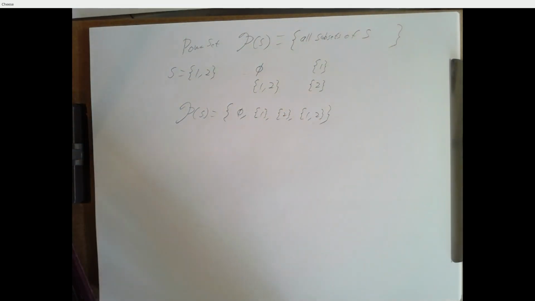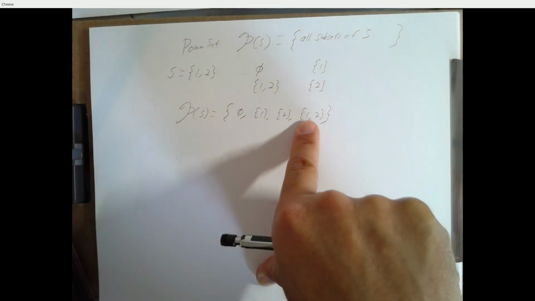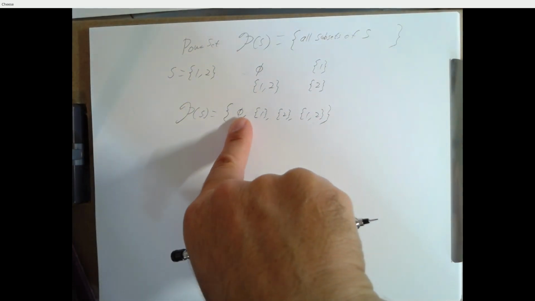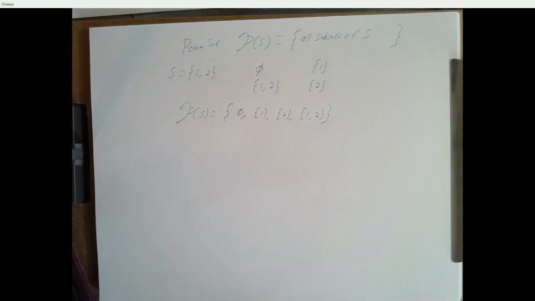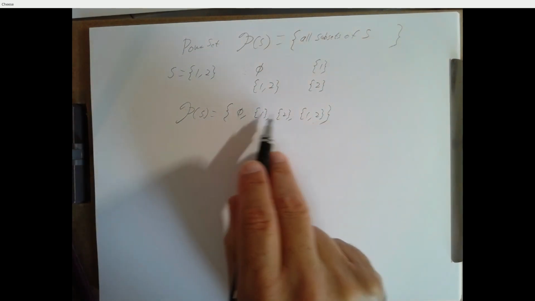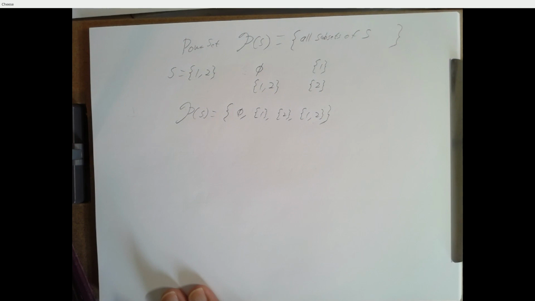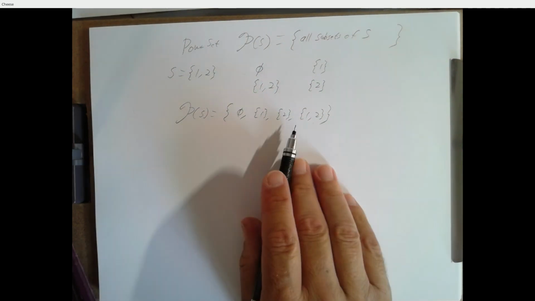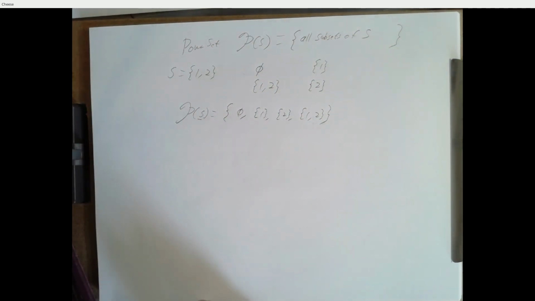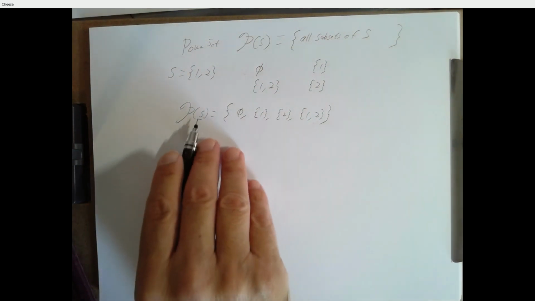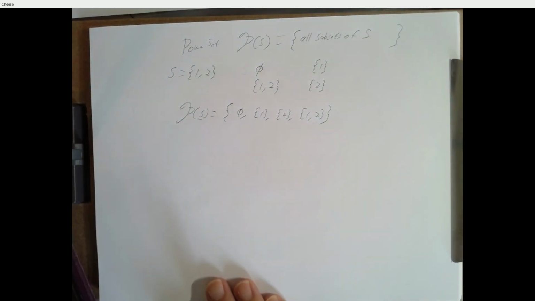Each of those things happens to be a set, and this set happens to contain two things, and this is the weird set that contains nothing. But that doesn't really matter. It's really just a set of four things. It turns out each of those things is a subset of our original set S, and it is precisely the collection of all possible subsets of S.